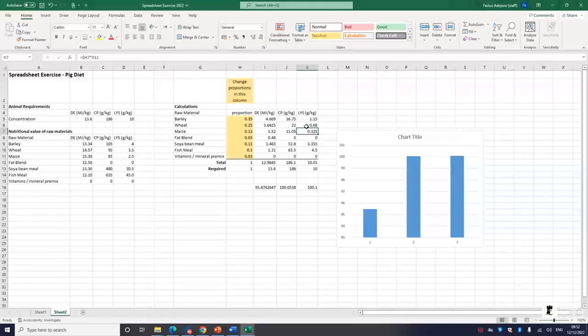Even if you supply protein to 100% and the energy is not adequate, you will end up wasting the excess of the protein.